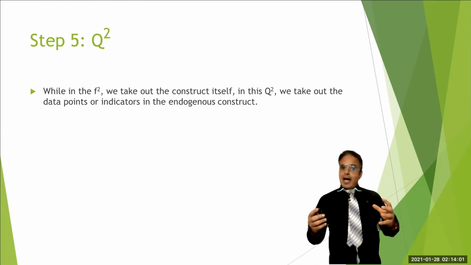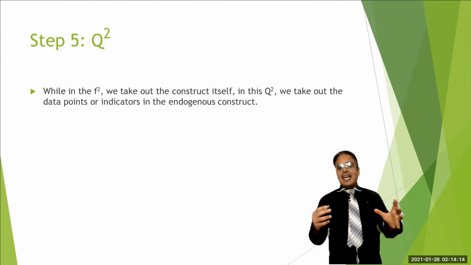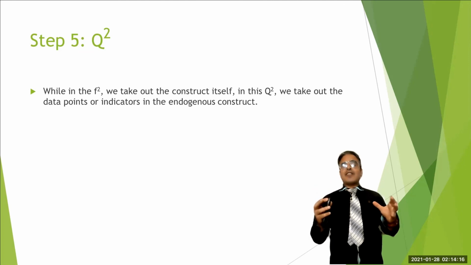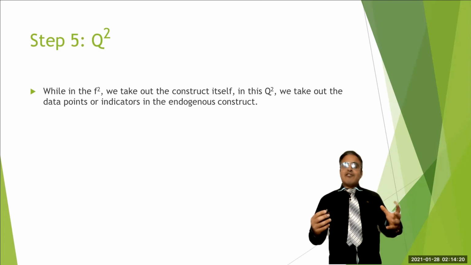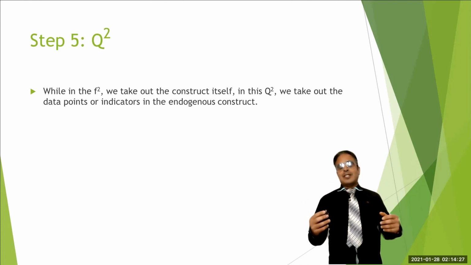While in F-square, as we noticed, we take out the construct itself, in Q-square we only take data points, or indicators, of the construct to check the impact of our intervention, compared to taking the whole construct in F-square or assessing the effect size.